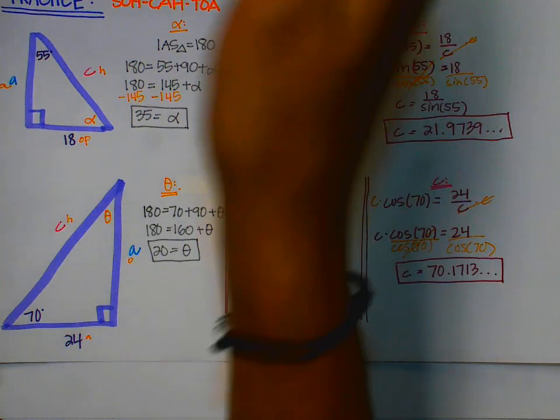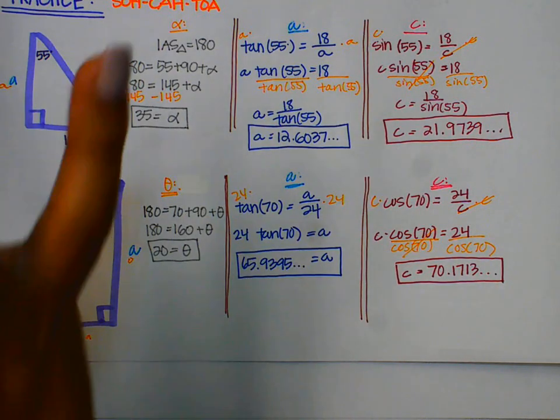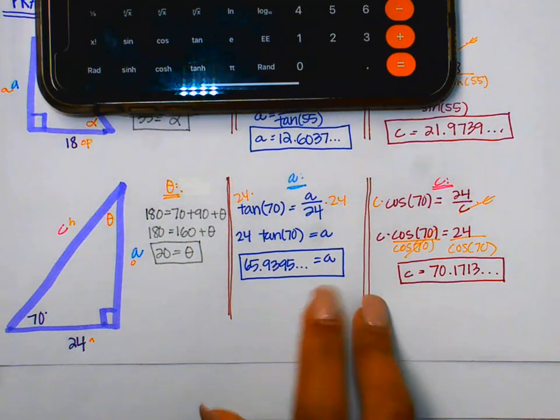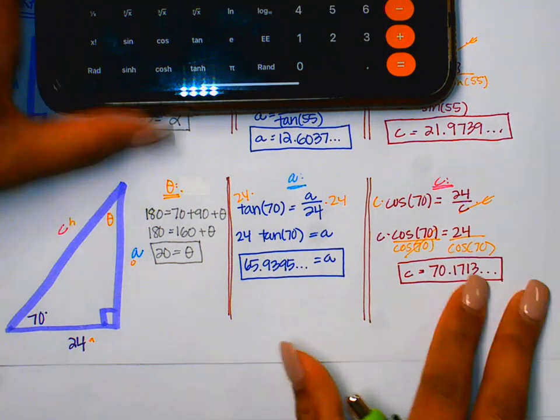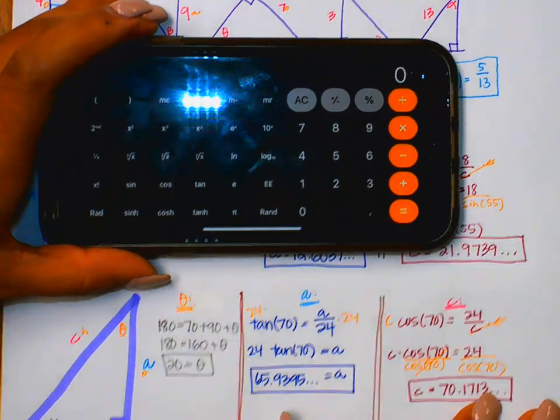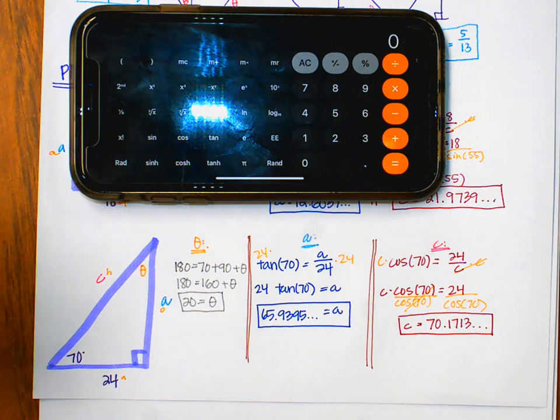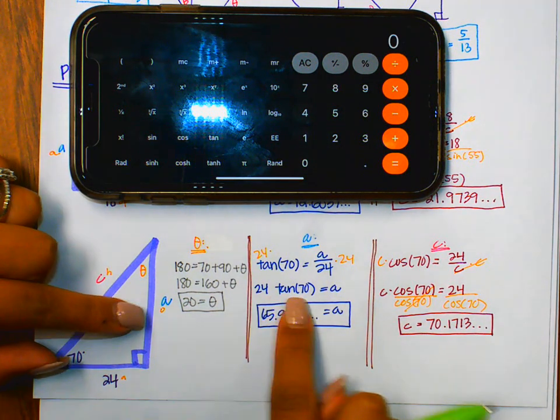I said I wanted to show you how to use your iPhone for it, and then I forgot to do it. So let me actually do both of these using my iPhone sideways calculator. So I might need to zoom out. Okay. I'm just going to enter this part here.